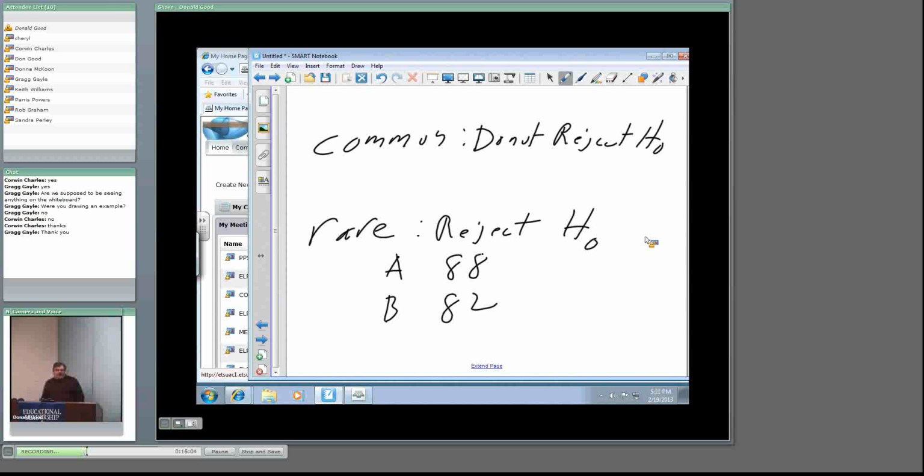The null hypothesis is there's not a difference between A and B. If I reject the null, it's not true that there's not a difference. See my double negatives? I know, I just blew everybody's mind. If I can determine it's not likely true that there's not a difference between A and B, I'm rejecting the null, and I'm in effect saying, hey, there probably is a difference. That's what I mean by the double negatives canceling each other out.